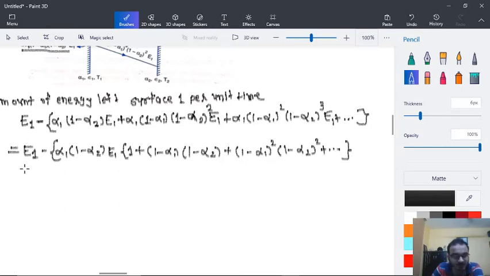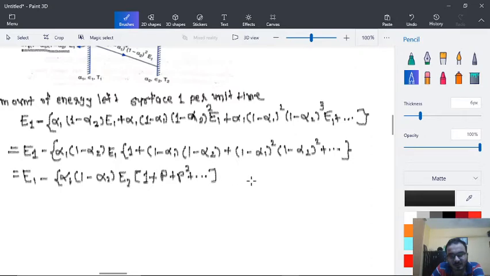So here it is equal to E1 minus alpha 1 into 1 minus alpha 2 E1 into the bracket 1 plus P plus P square plus, where what we have done, we have taken P is equal to 1 minus alpha 1 into 1 minus alpha 2.